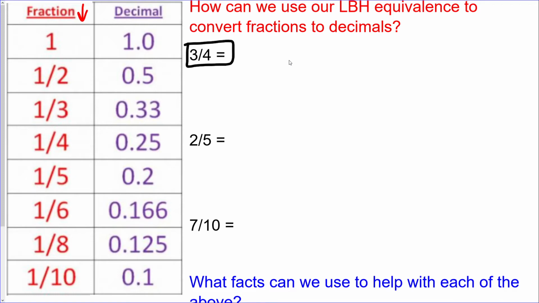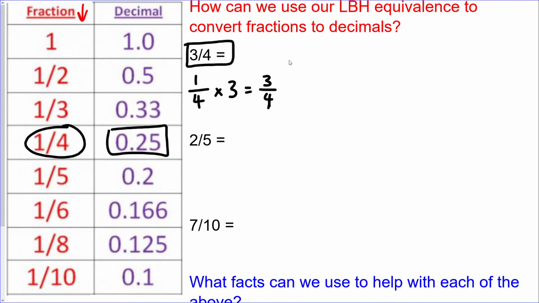Now if I look closely, I can see that 1/4 can definitely be linked to 3/4 because the denominator is the same. So I know that 1/4 multiplied by 3 gives me 3/4. So there is a link there between the 1/4 and the 3/4. The table and my learn by hearts also tell me that 1/4 is the same as 0.25.